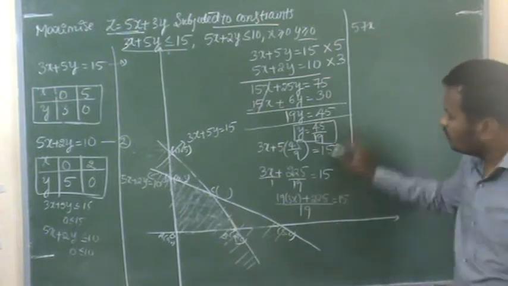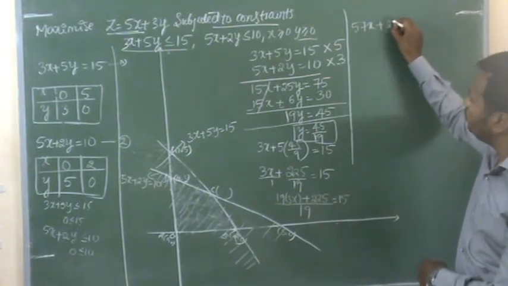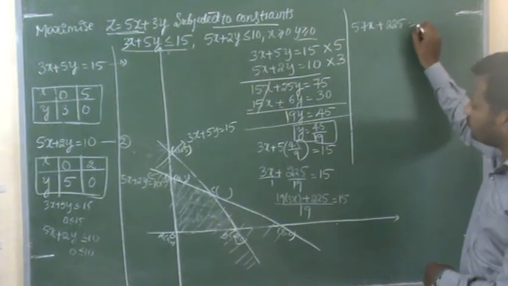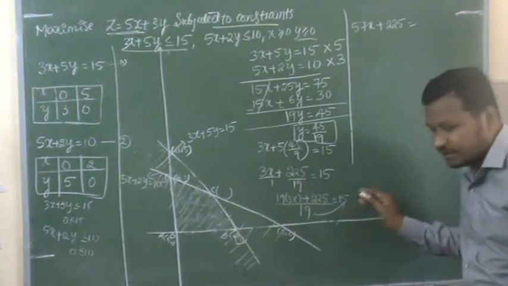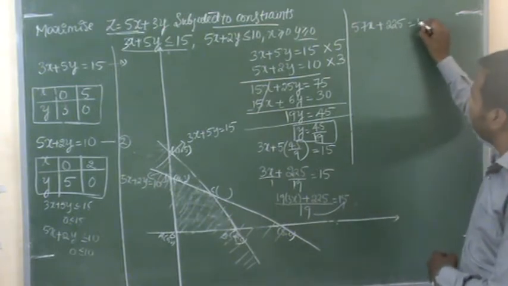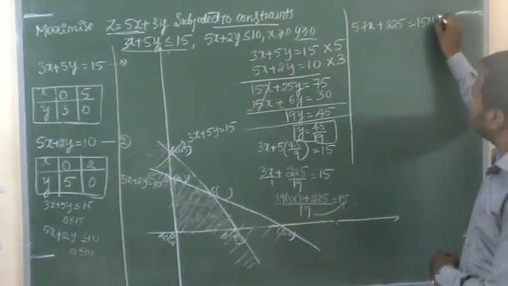57x plus 225 is equal to, this 19 is moved to the right-hand side. We get 15 into 19.